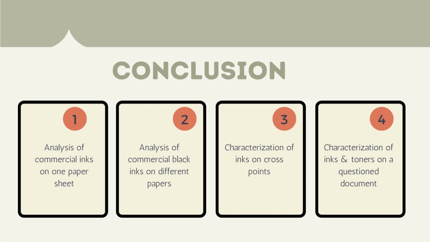Lastly, for the characterization of inks and toner on a questioned document, it was possible to demonstrate with single point LIBS analysis the chemical differences in the 3 inks employed, or for the signature on one of the 3 pages. Moreover, repeated LIBS measurements can correctly discriminate the toners based on the relative contents of silicon, titanium, calcium, magnesium, and potassium.